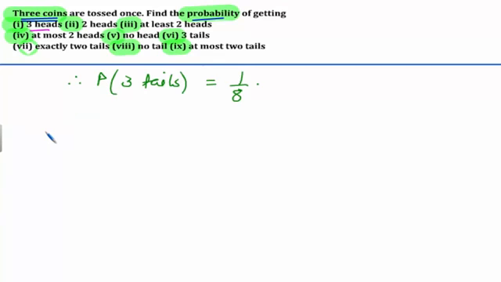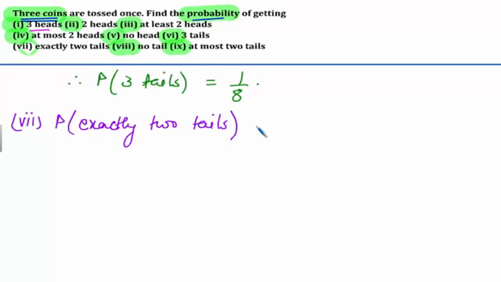Now let us find the probability that exactly 2 tails are there. So the outcomes for this event are HTT, THT and TTH from the sample space.